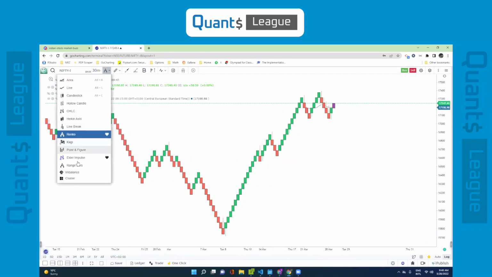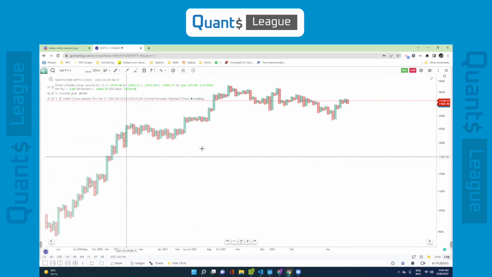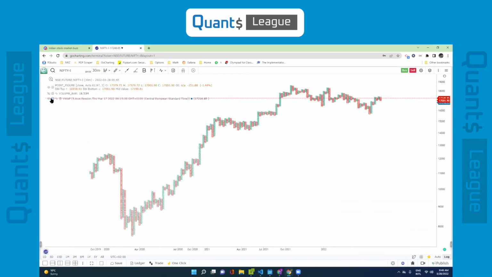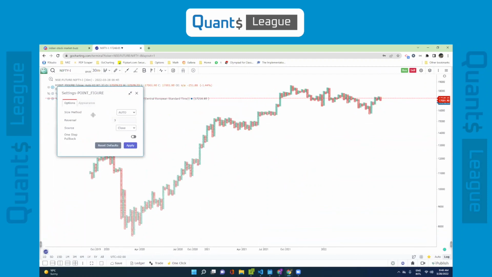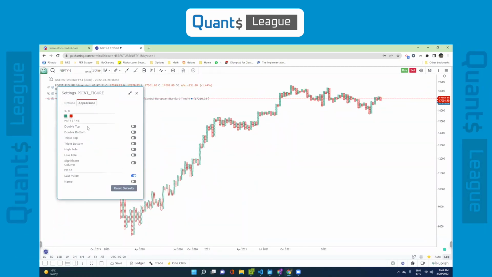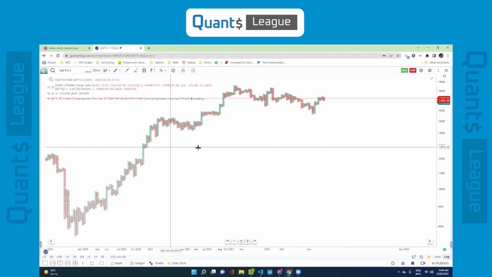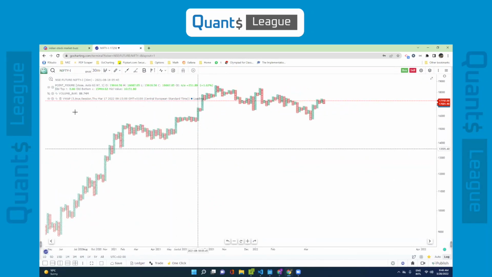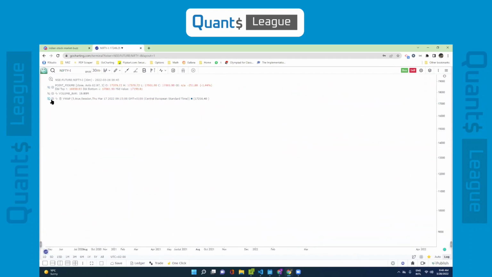On our point and figure, you can not only draw the chart, but also create a pattern. So you can see where the double tops are, where the triple bottoms are, where the significant columns are, and a lot of other statistics that normally are missed out in the major popular platforms. More about this probably in a separate session.